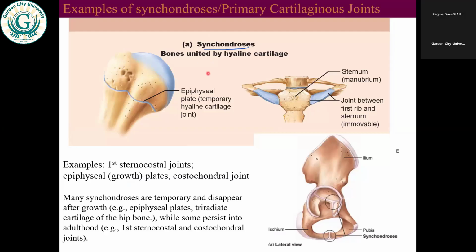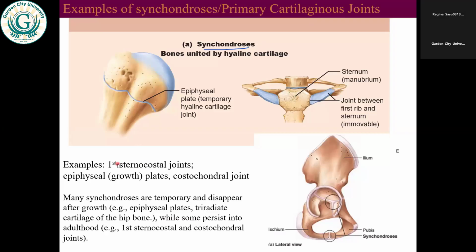Now, if you look at here, you will realize that most synchondroses are temporary and disappear. In other words, the epiphyseal plate will become an epiphyseal line. The cartilage will go. And we have those that persist into adulthood.